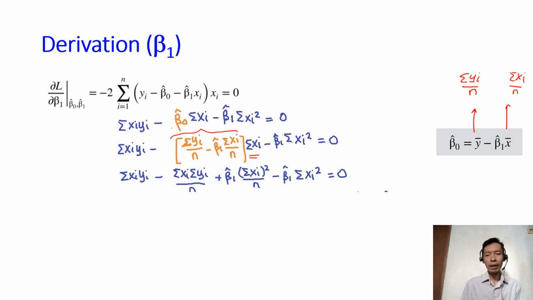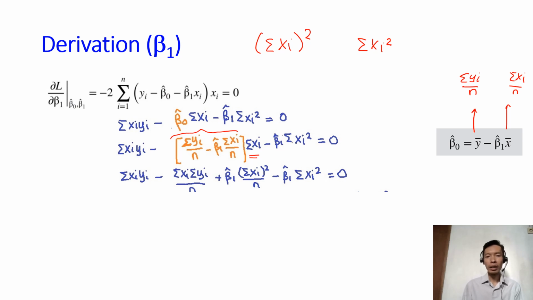Okay, now be careful between sigma xi squared and sigma xi, and then squared, versus sigma xi squared.